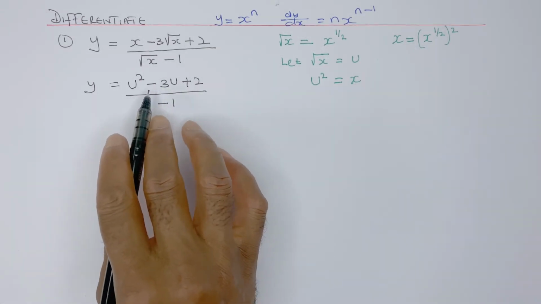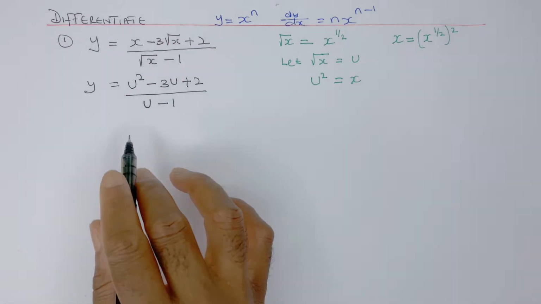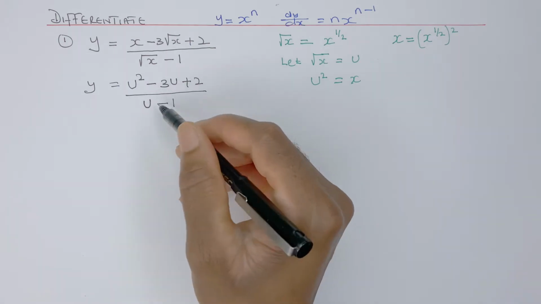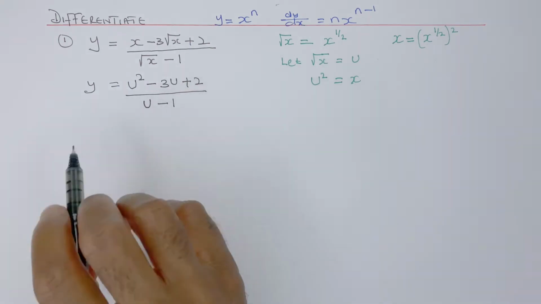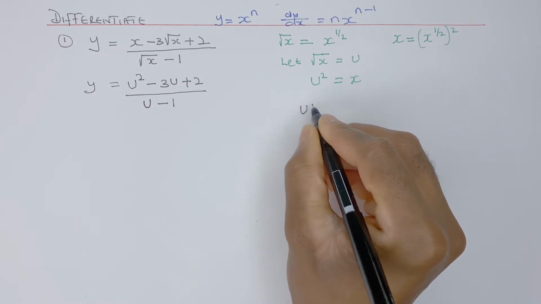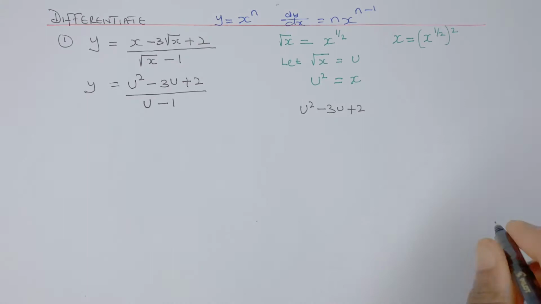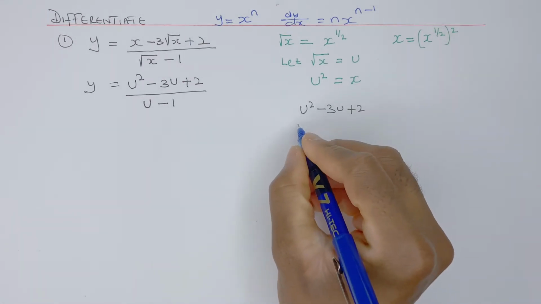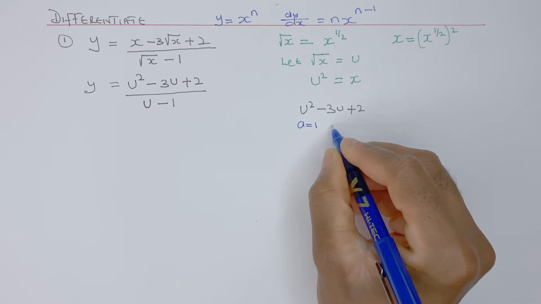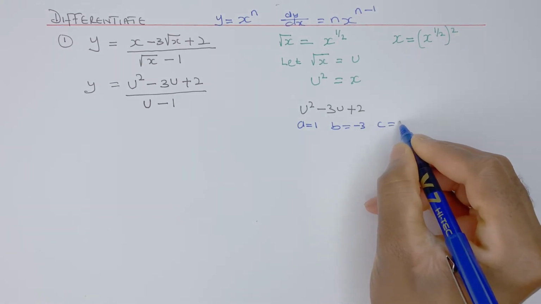And all I need to do is factorize. If I factorize the numerator, I can then see if there's a common factor both in the numerator and denominator. And if there is, they can cancel out. To factorize u squared minus 3u plus 2, in this case a equals 1, b equals minus 3, and c equals 2.